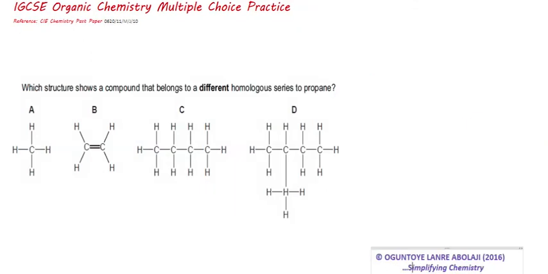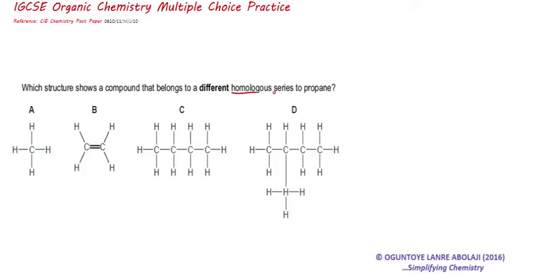Which structure shows a compound that belongs to a different homologous series to propane? Talking about homologous series, the word homo means similar, the same. They have the same unique property.